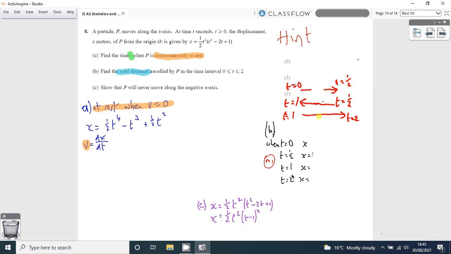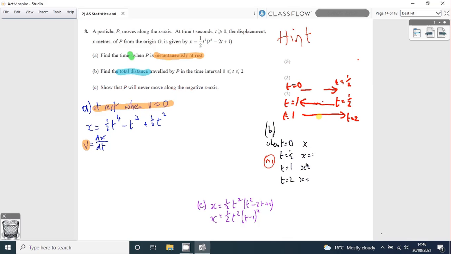Then finally, work out displacement when time is 2, and that's where you are after 2 seconds. Take that away from where you were after 1 second, and that gives you a third piece of distance. Add those 3 distances together, and that will give you the total distance travelled.